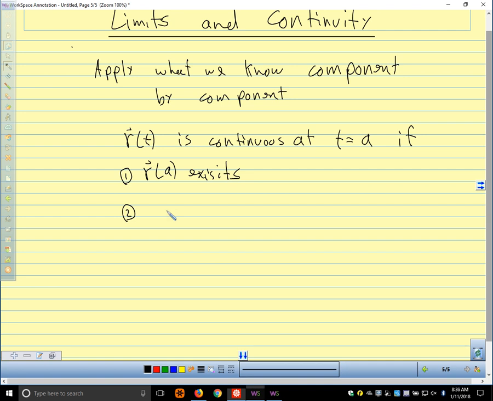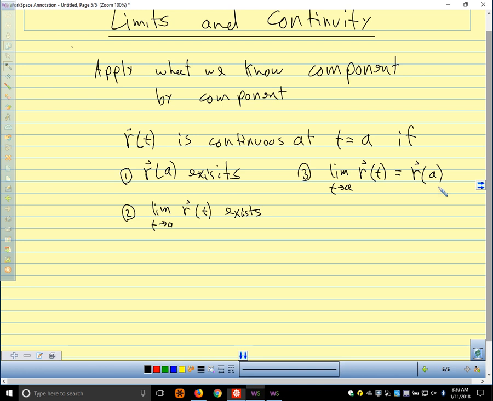So the limit as t approaches a of r of t has to exist, and the limit as t approaches a of r of t has to equal r of a, the function value at the point we're interested in.